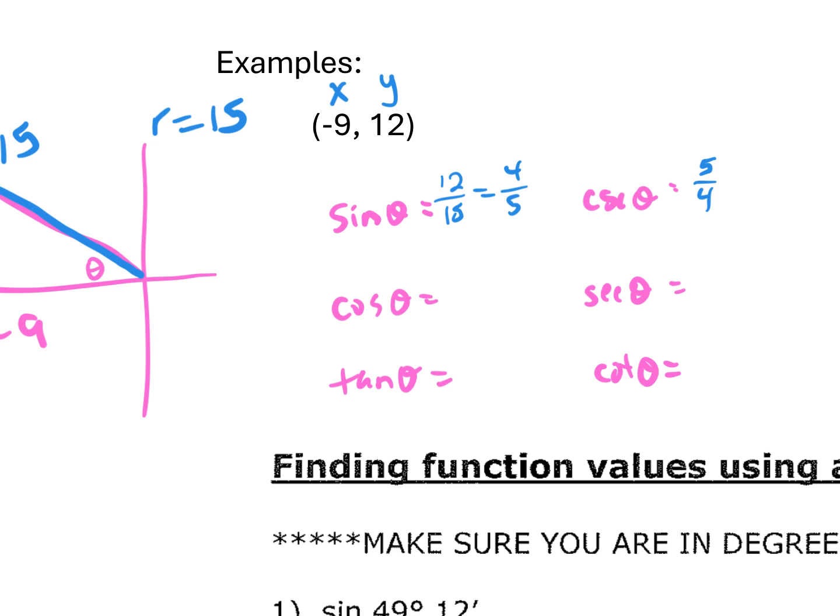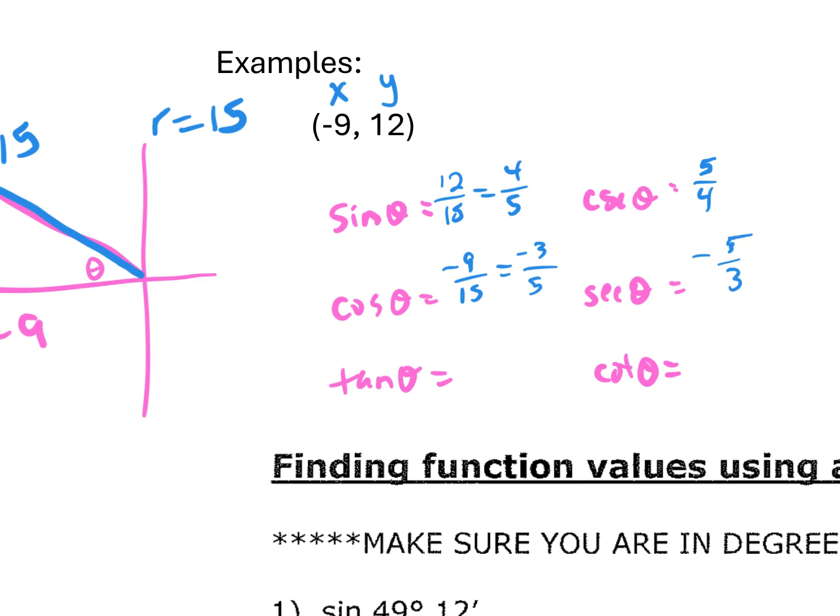Elena, what about the cosine? What's the ratio for cosine using x's and y's and r's? X over r. Okay, and so our x value is? Negative 9. Negative 9 over r, which is? 15. We want to simplify that, so we get negative 3 over 5. So the secant is negative 5 over 3.